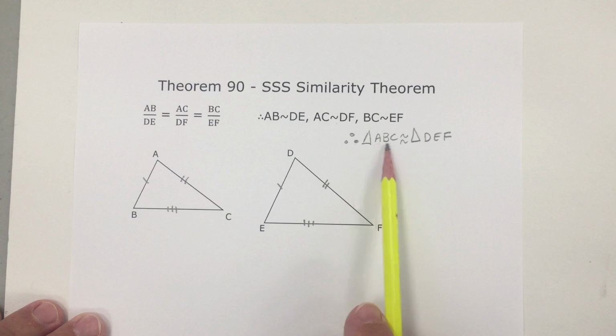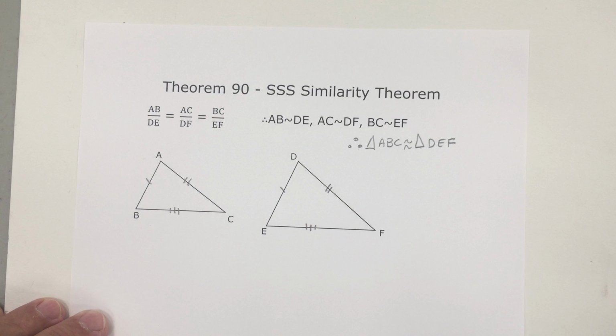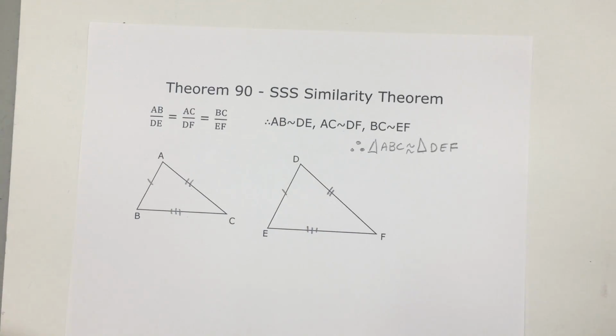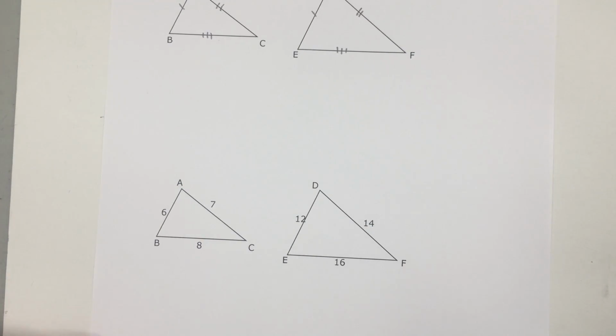Therefore, triangle ABC is similar to triangle DEF. So these two triangles are similar because we proved that the corresponding sides are proportional, and they're all the same proportion. So let's take a look at a real example.